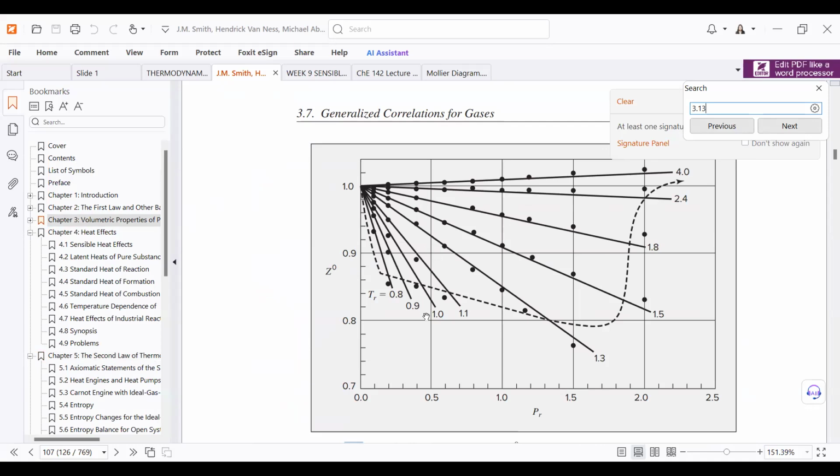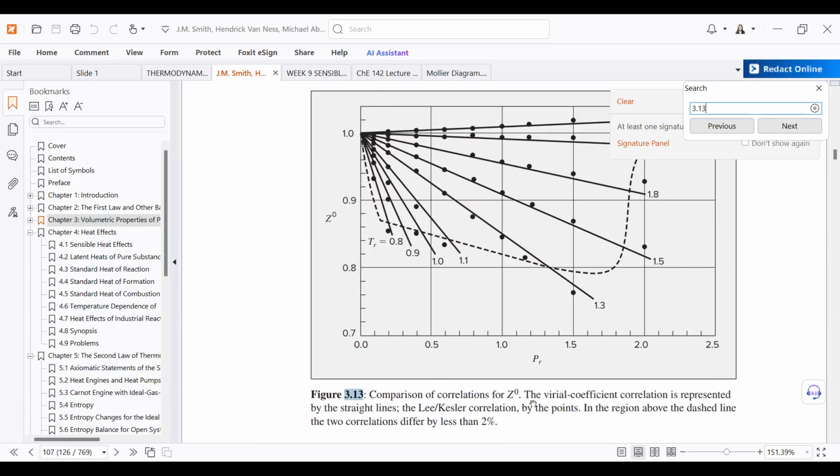It's 1.082, so this is that line. And what is our PR? It's 0.471, so it's here. We are within the region enclosed by the dash curve, which means the virial coefficient correlation is a good estimation of the Lee-Kessler correlation, which is quite accurate.